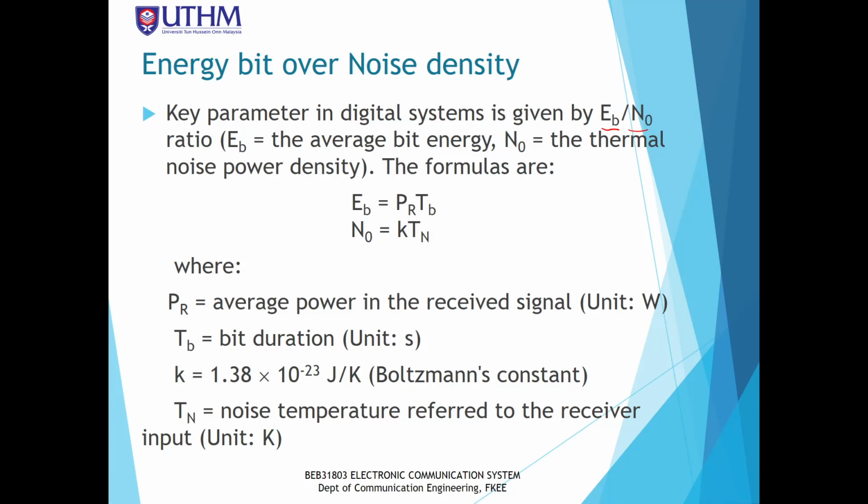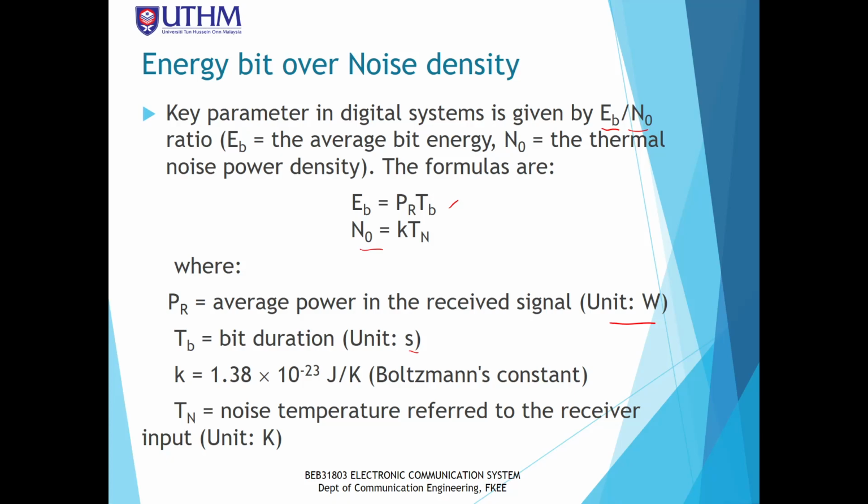Eb is equal to Pr times Tb. Pr is the received power in watts multiplied by the bit duration in seconds, so you get watt-seconds, or joules.